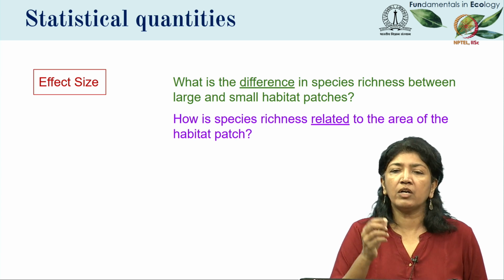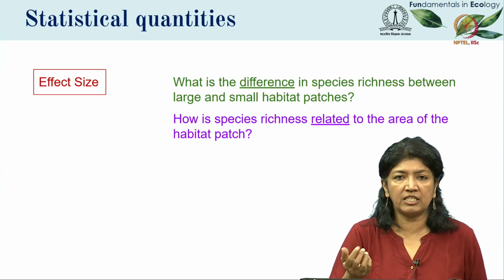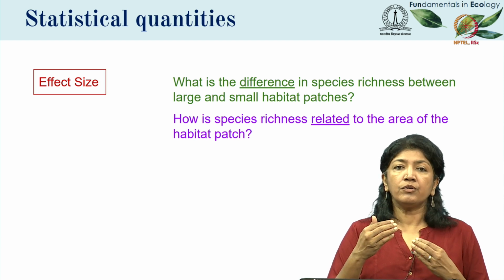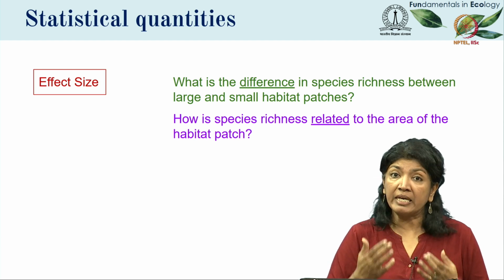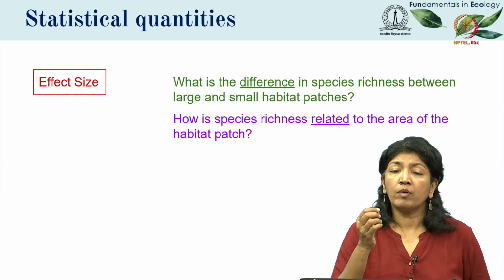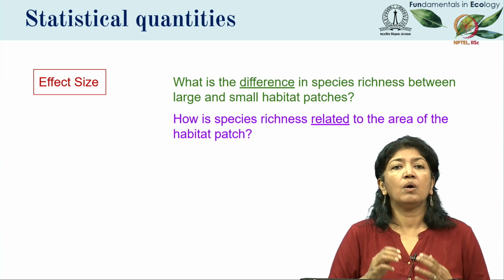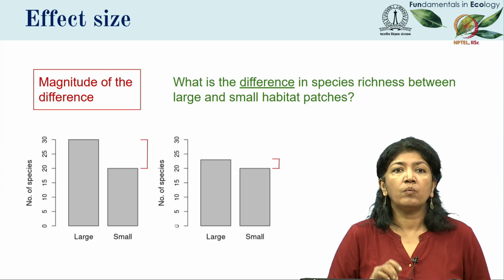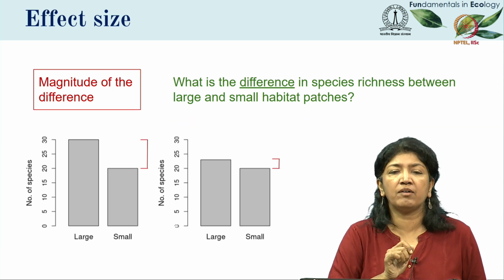And here we are not just interested in saying there is a difference or yes there is a relationship. To make conclusions about biological importance, about ecological importance, we are usually interested in the size of the effect. What does that mean? We are usually interested in the magnitude of the effect.